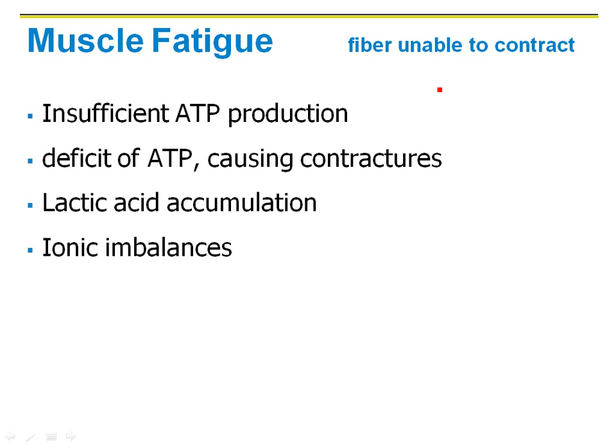You'll get a complete tetanus. Either way, they'll tend to build up lactic acid. Lactic acid was a byproduct of that glycolysis. It's very acidic, and it causes quite a bit of muscle damage, and that's when they hurt the next day. And also, ions can be out of balance.